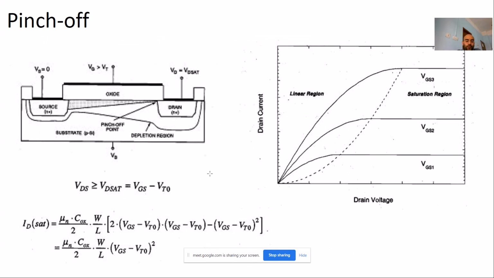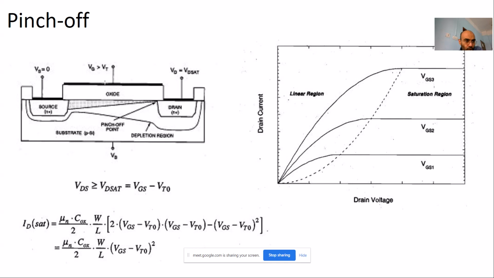In the linear region, the device was something like this, when your VD was small. But now when your VD reaches what we call the saturation voltage, VD sat, this voltage is related to your threshold voltage. Let's say your VGS, the gate to source, is now 2 volts.